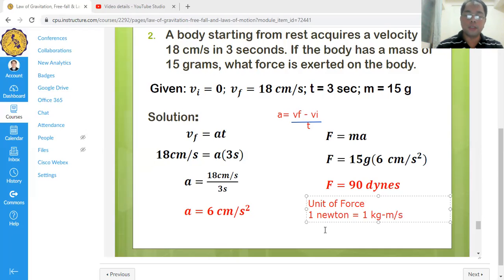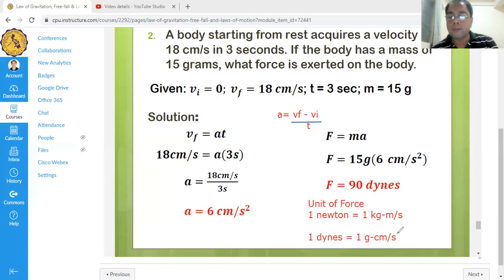And another unit is known as the dyne, in terms of grams. If you have a mass of 1 gram and the acceleration is in centimeters per second squared, then you'll have a unit in dynes. Now we seldom use dynes because they appear so big, but actually the value is very small. So these are our units of force, and again, this is a result of multiplying mass and acceleration.